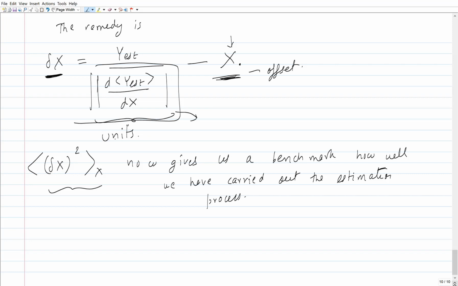So let's say I have to compare two metrology schemes, one metrology scheme with another, one experiment with another. I'll have to calculate the variance of this particular quantity, which is the variance of the rescaled estimator fixed for an offset bias, and this quantity is going to tell me how well I am doing in my metrology protocol.